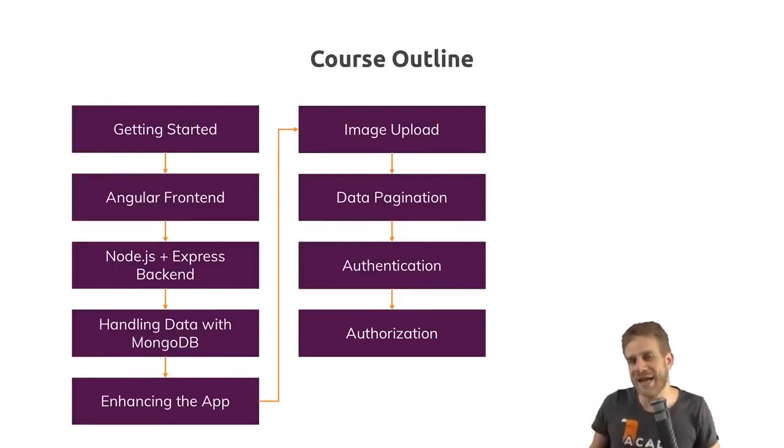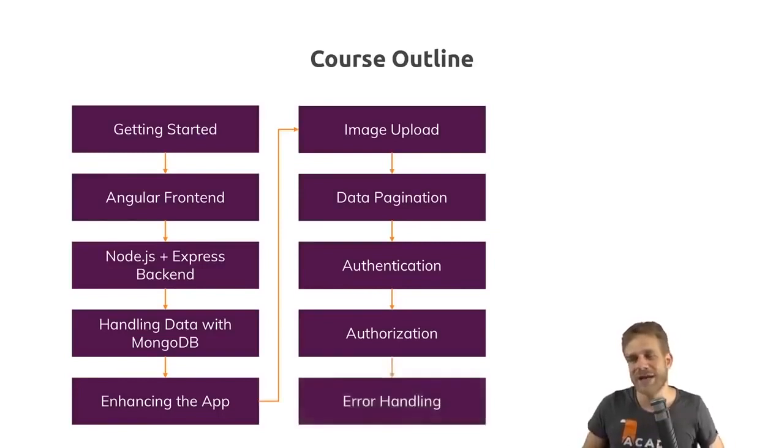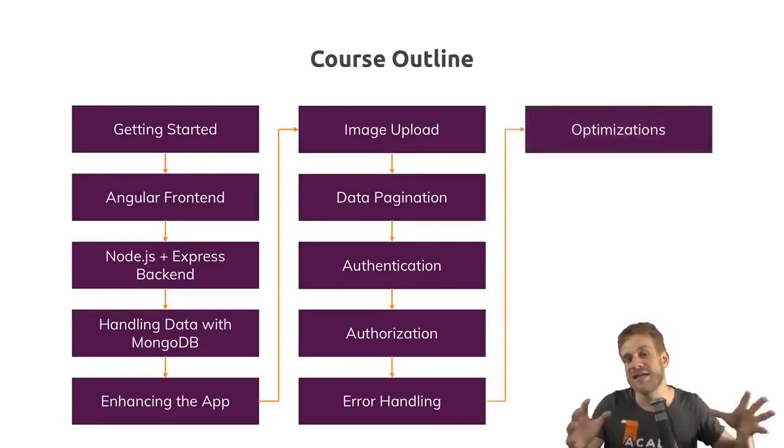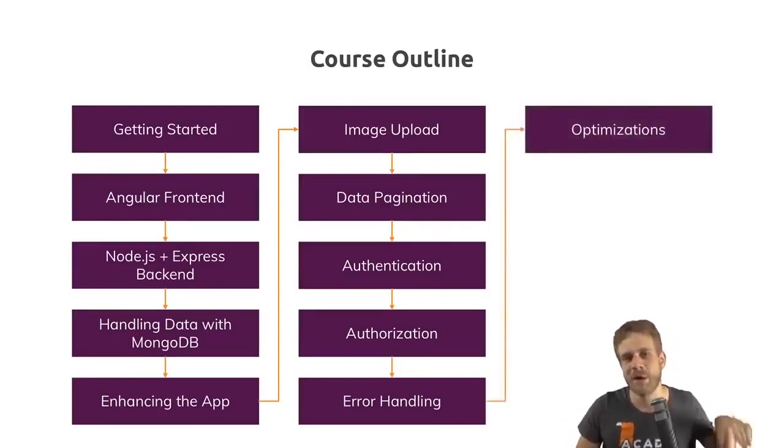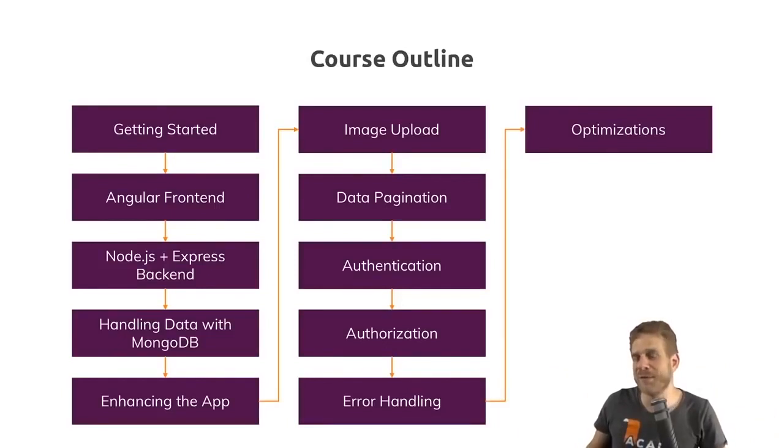We're nearing the end of the course thereafter, and we'll dive into error handling. What does this mean and how could we elegantly handle errors in our Angular app? Once we're done with that, we're pretty much done and we'll put some optimizations into place, both on the backend and the front end, regarding our code structure, but also regarding performance.